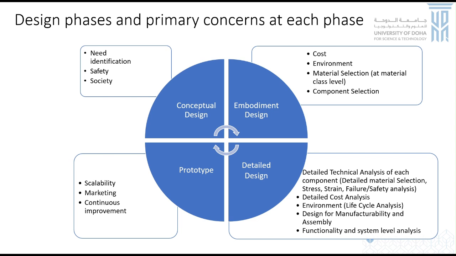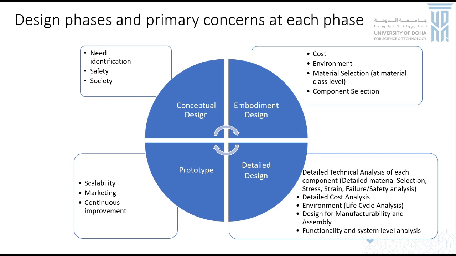Therefore, the maximum cost benefit, or the maximum weight saving, that you can get from your design comes if you do the embodiment level material selection first, then move on to the detailed material selection, and at detail level make sure that whatever you selected at embodiment level, you are actually able to use at that level.